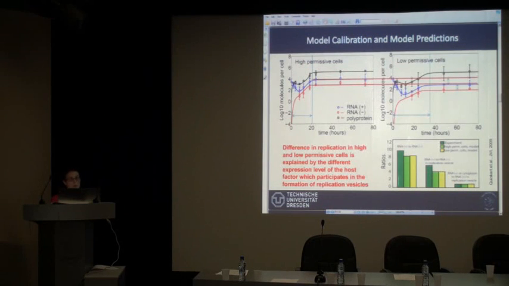This is what we found out: the host factor is the main thing that makes a difference, with the high permissive cells having a shorter time period than the low permissive cells, and also the number of molecules is smaller for the low permissive cells. The explanation which we found, and which we also validated, is that this is due to the host factor and not to the virus itself.